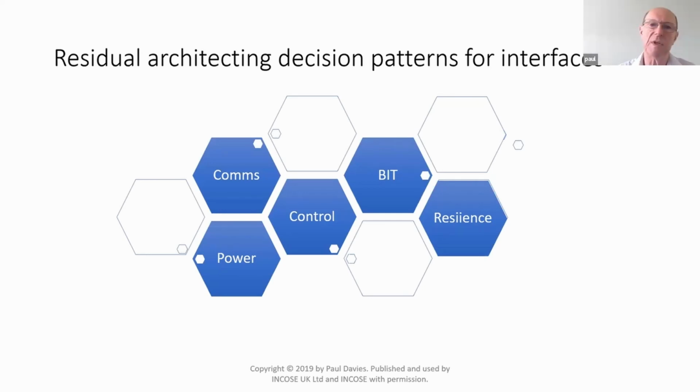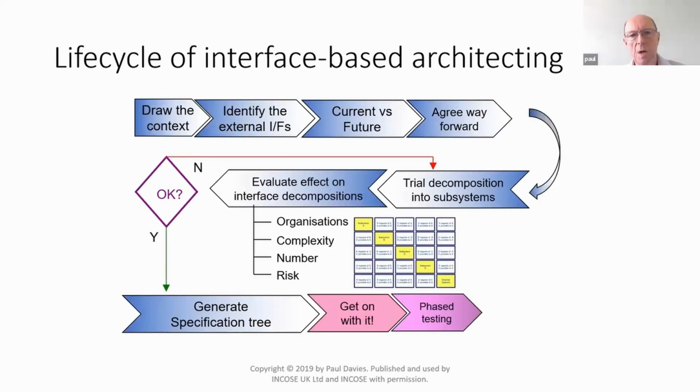But you know, all of these architecting decisions need to be talked through for the minimal level of complexity, number of interfaces, and risk. Okay, so this is what the feedback looks like. We're going to have a trial decomposition into subsystems, and we're going to evaluate the effect on the interface decompositions in terms of organizational complexity, complexity of the implementation of the functionality across each interface, the number of interfaces, and the development risk.